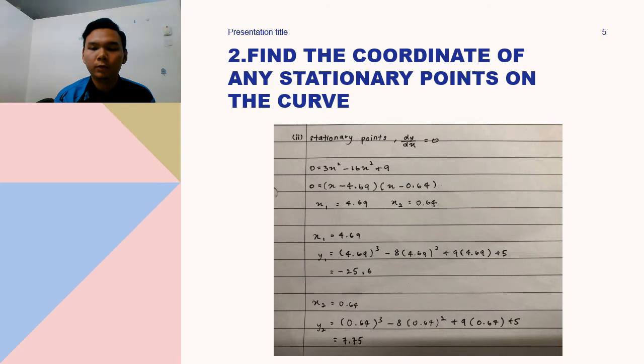After factorization, we get 0 equals bracket x minus 4.69 close bracket, and another bracket x minus 0.64 close bracket. So x1 is 4.69 and x2 is 0.64.